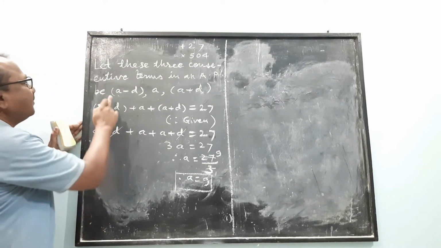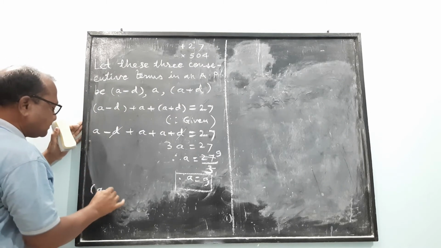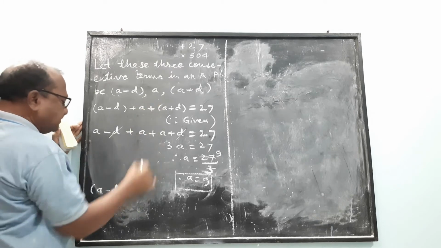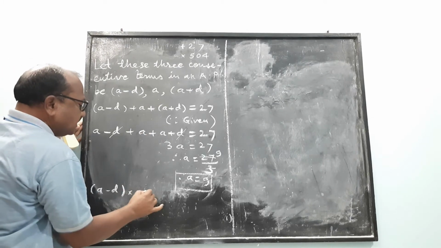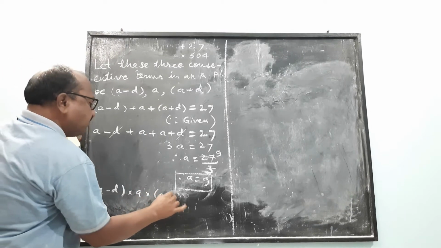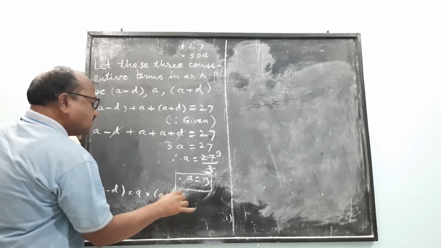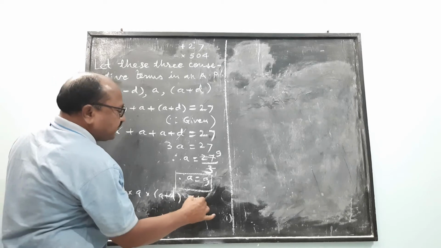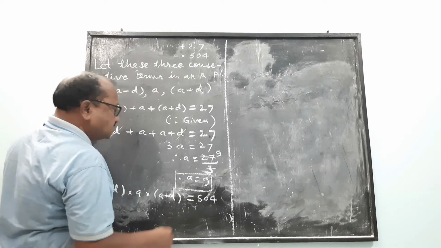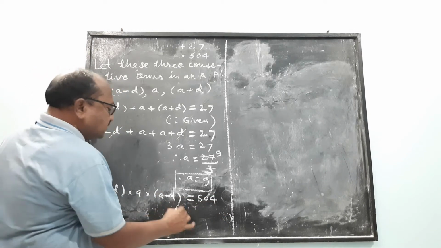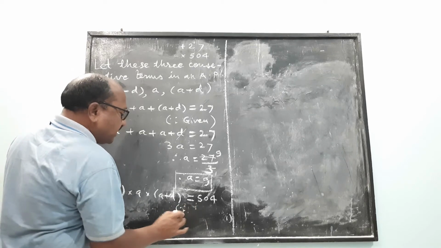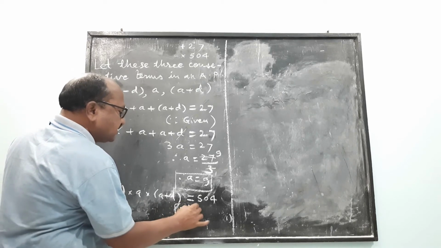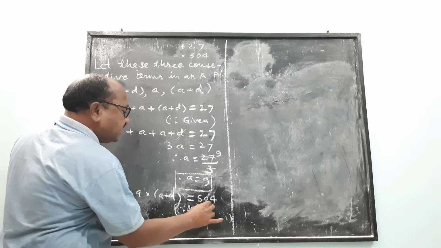So the first term is A minus D, second term is A, and third term is A plus D. So the product of these three terms is given as 504. So it is also given, or you can write by second condition.